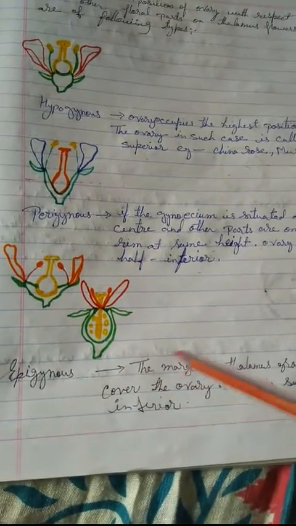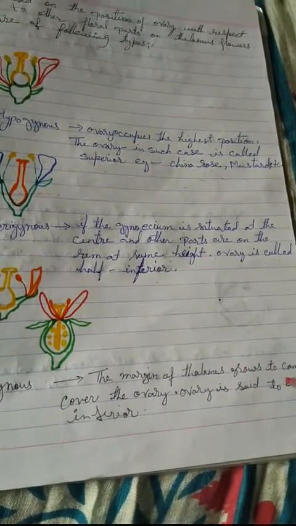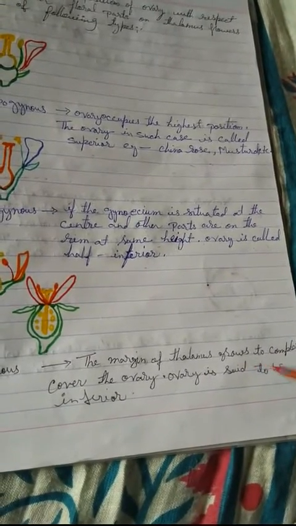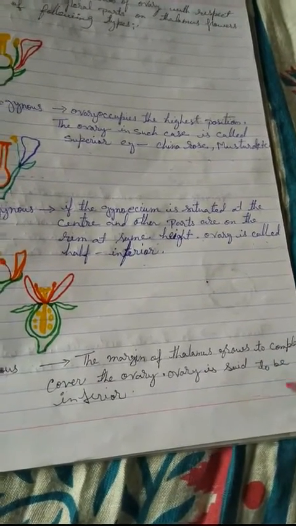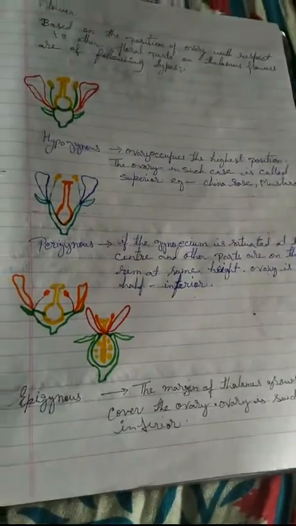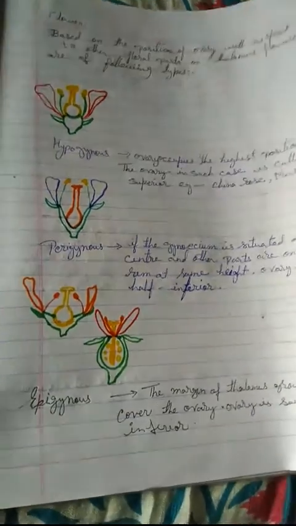Epigynous means the margin of thalamus grows to completely cover the ovary. Ovary is said to be inferior. What is the ovary here? Inferior. This is the difference between hypogynous, perigynous and epigynous.